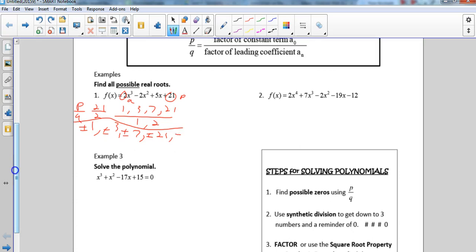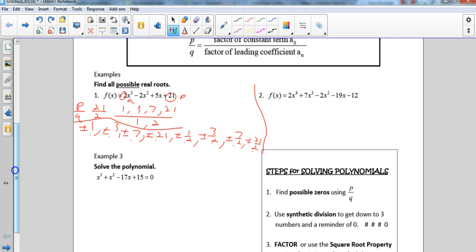There's also plus or minus 1 divided by 2, and plus or minus 3 divided by 2, and plus or minus 7 divided by 2, and finally, plus or minus 21 divided by 2. Those are all my possible solutions. That's 16 different numbers that we would use synthetic division on to find a factor of this polynomial. That's a lot.